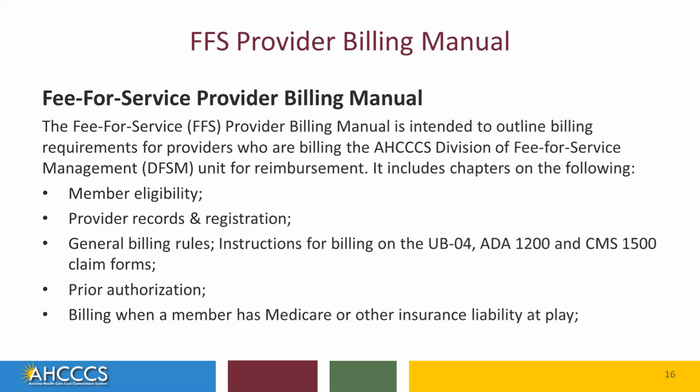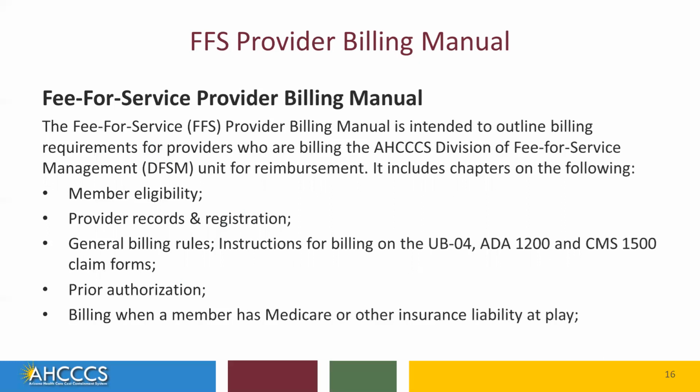Starting off with our Fee-for-Service Provider Billing Manual. This provider billing manual is intended to outline billing requirements for providers who are billing the AHCCCS Division of Fee-for-Service Management, also known as DFSM, unit for reimbursement.